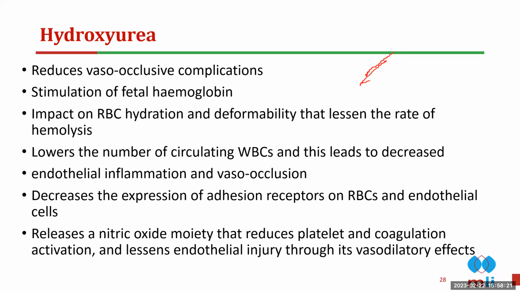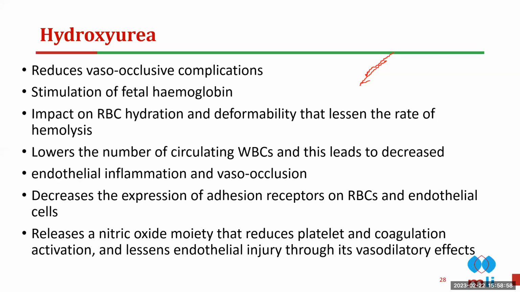So when there is red cell hydration, the deformability of the RBC is less, and therefore the rate of hemolysis is also less. It can help in lowering the number of circulating white blood cells, and therefore this helps in reducing the endothelial inflammation and vaso-occlusion, reduces the expression of those adhesion receptors on RBCs and endothelial cells, but also helps in the release of what we call nitric oxide, and this helps in reduction of platelet coagulation activation, and therefore reduces endothelial cell injury.